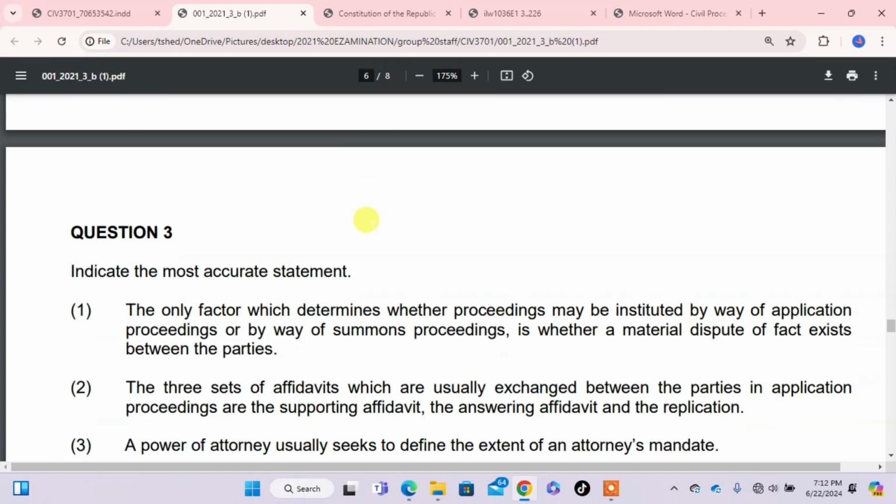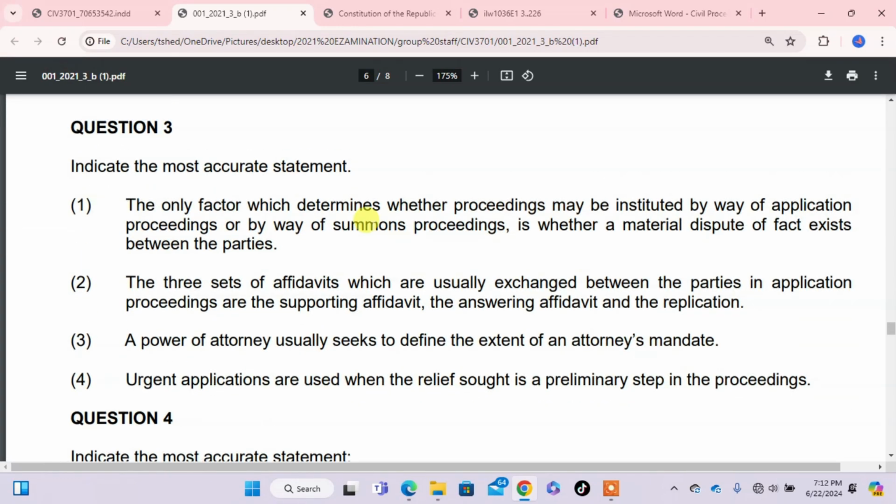Number 3. Most accurate statement: the only factor which determines whether proceedings may be instituted by way of application proceedings or by way of summons proceedings is whether a material dispute of facts exists between the parties.